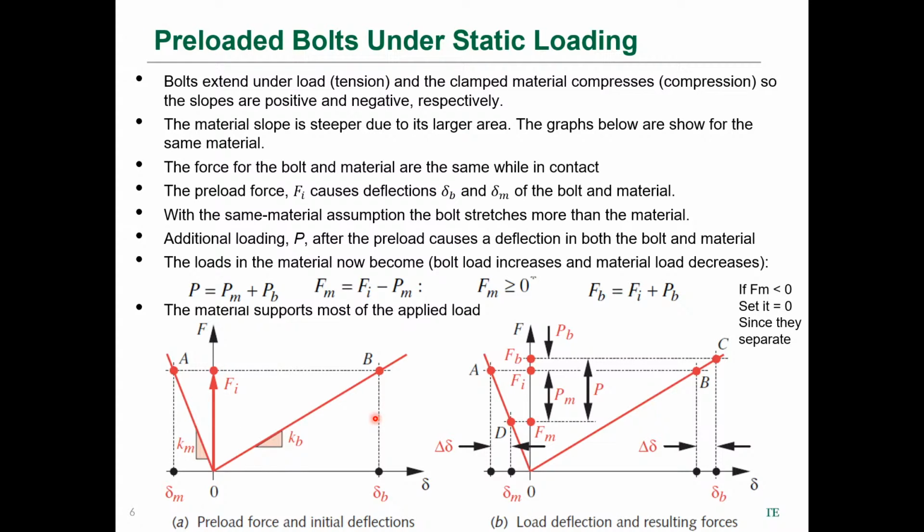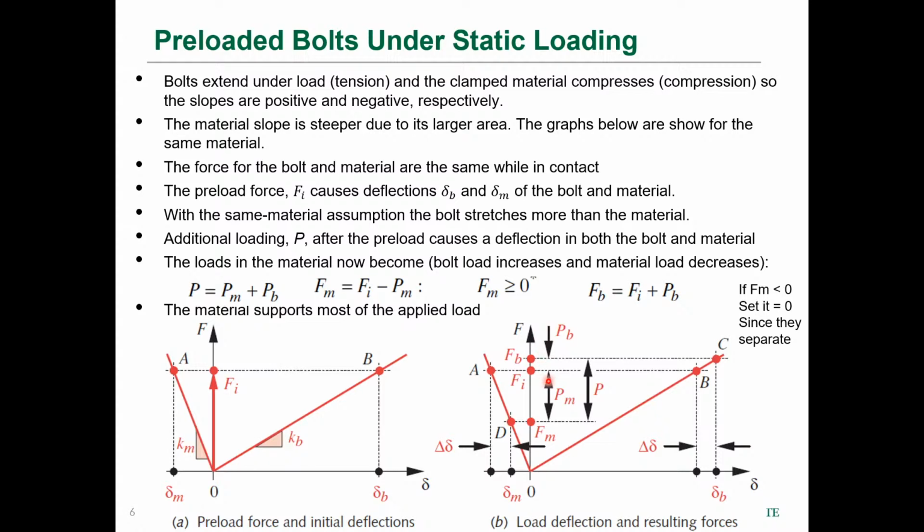Okay, and so what's of interest actually is what happens after the preload. So this diagram shows what happens after the preload, and that is when we have our initial force Fi, that's our preload, and then we load it by P, an additional load P. Then we have this load that's picked up by the material, and we have this load that's picked up by the bolt.